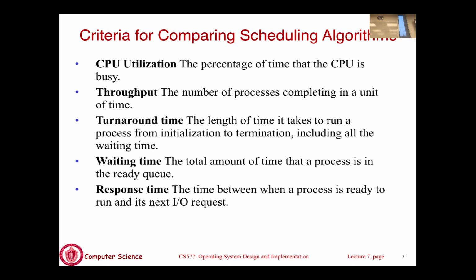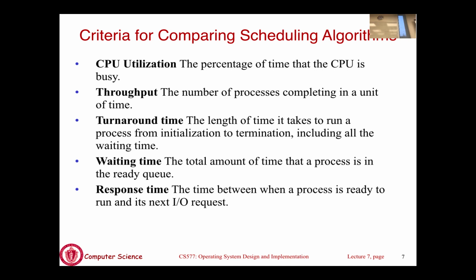Throughput is the number of processes that finish per unit time. Turnaround time is the time from start to the end of a process. Waiting time is how much time a process spends waiting in the run queue, the ready queue, waiting for a turn to execute. Response time is how responsive it is to I/O and so on. These are different metrics that you will see in a system.